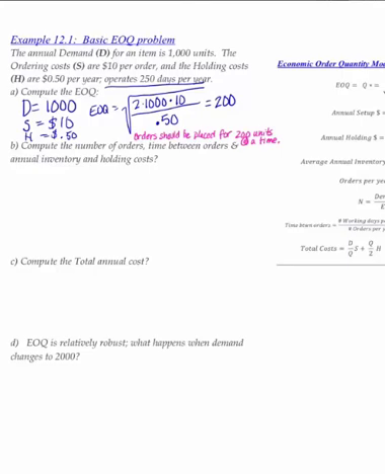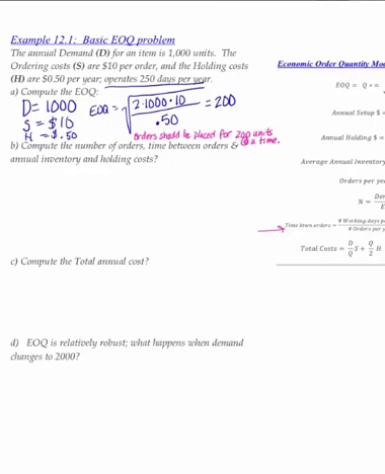Now next it says compute the number of orders, the time between orders, and the annual inventory holding cost. So we'll start with the time between orders. You look over here to the right and you notice that the time between orders is the formula where we take the number of working days per year and divide by the orders per year.